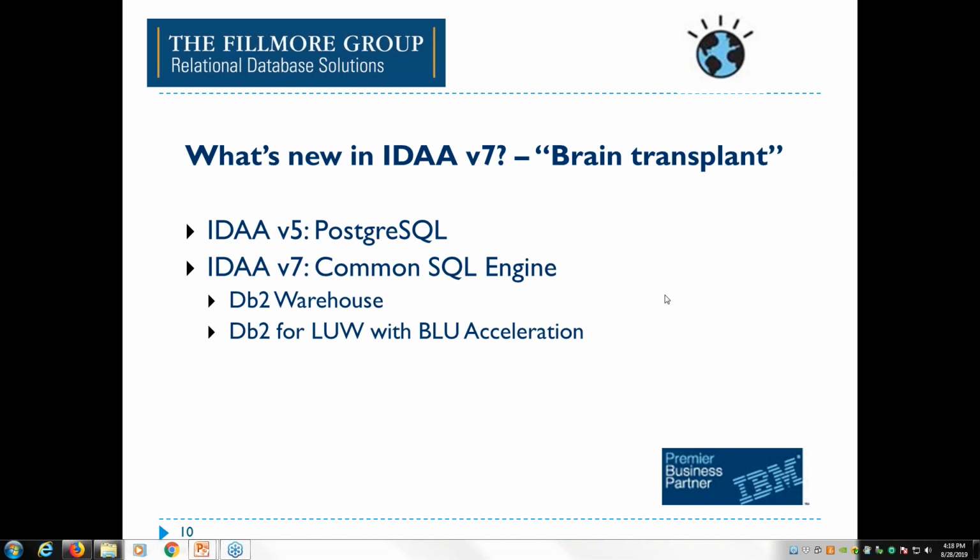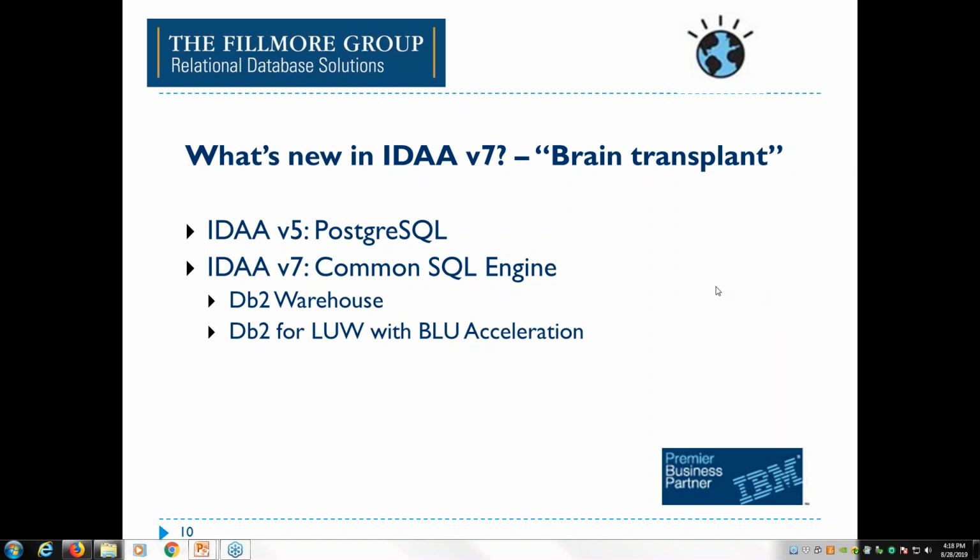Okay. And we have some more polls, so we'll make this as interactive as possible, and then we'll open it up at the end. So what's new in IDAA version 7? I called it a brain transplant.